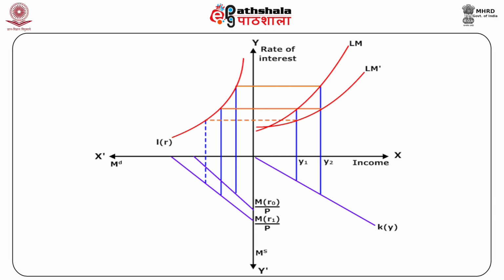And so, finally, what we see is that a modified LM function has the same shape as a nominal LM function and it is upward sloping. When it comes to the slope of the LM function, yes, it is also positive, both have a positive slope, but the LM function is flatter, the slope is lower, and therefore it appears to be flatter.